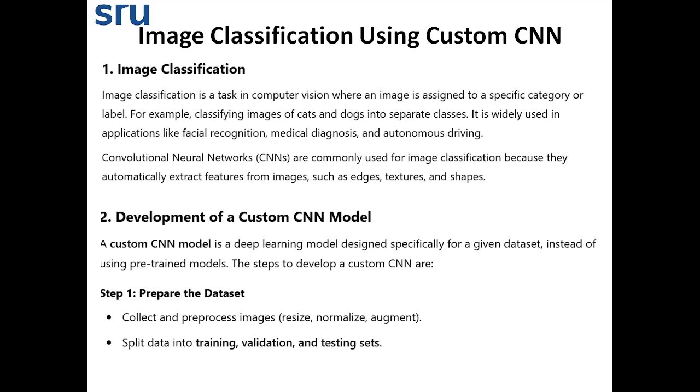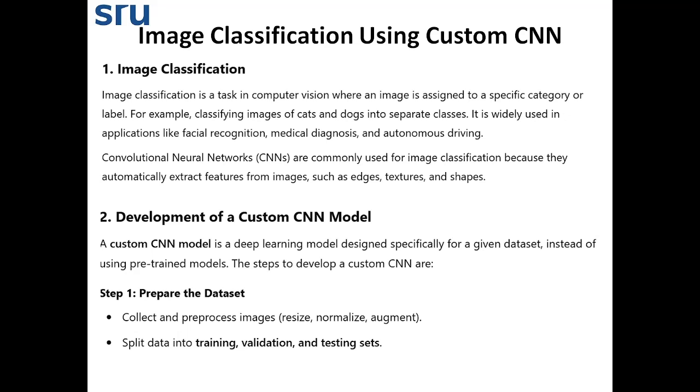Then we will see development of a custom CNN model. A custom CNN model is a type of deep learning model which is designed for a given data set instead of using a pre-trained model. The steps to develop a custom CNN are as follows.